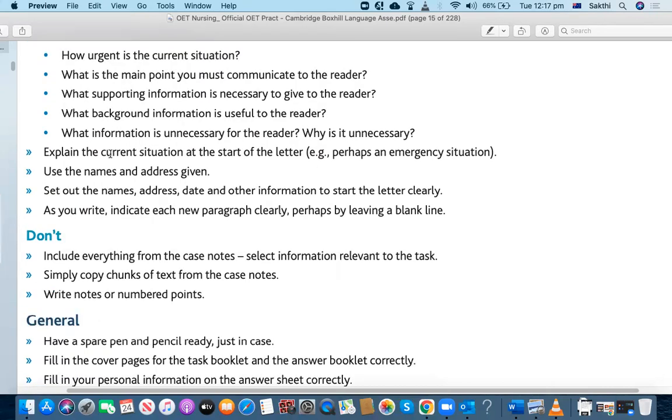You need to explain the current situation at the start of the letter, perhaps an emergency situation. Let's say in the introduction paragraph, it's going to tell the whole thing about a patient to the recipient, isn't it? So including 5 major criteria is definitely going to make a positive impression and convey the whole story of the patient to the recipient.